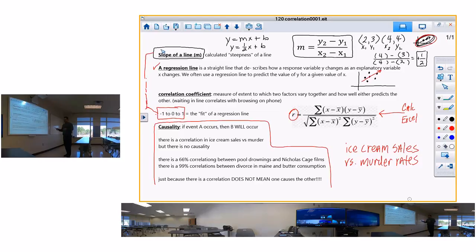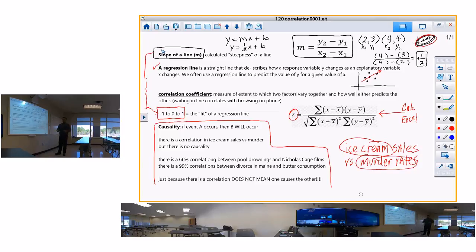They have road rage and all this other stuff. Violent behavior is more inclined with stress and heat. So you have other variables involved. There's a correlation here, but there is no causality. Ice cream does not cause murder, okay?